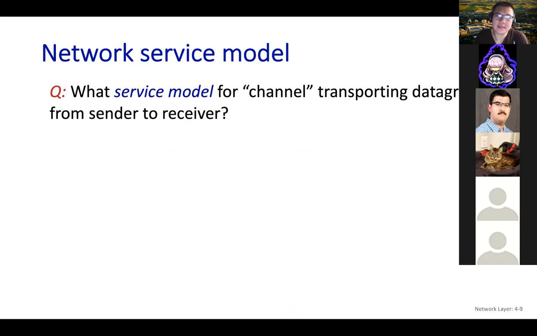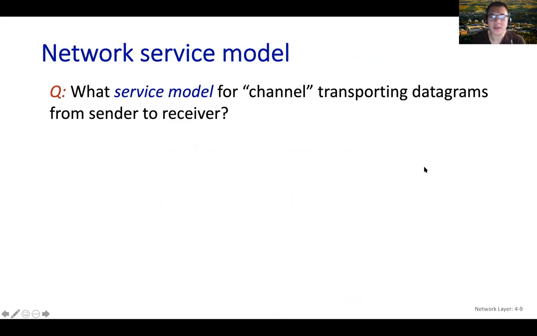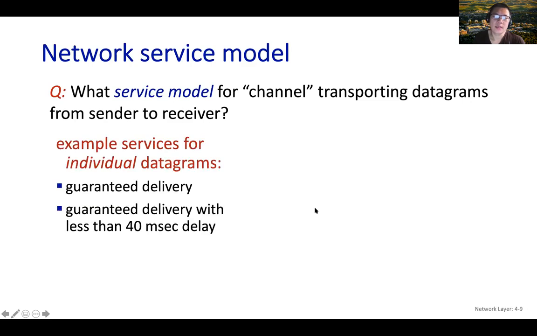But anyway, let's continue. So, the network service model here. What is the network service model for the channel transporting datagrams from sender to receiver? Here we are trying to understand what the service model is for the internet and for different networks.